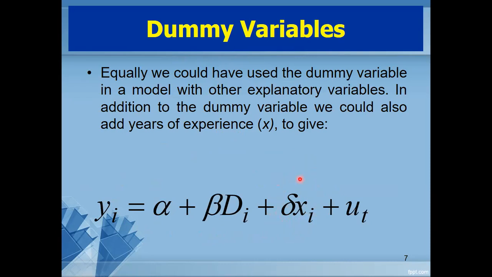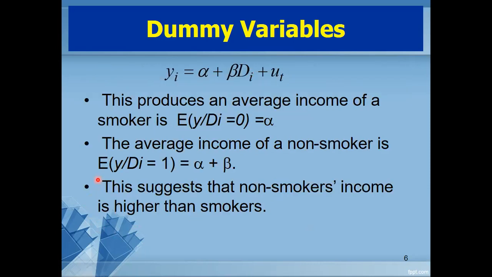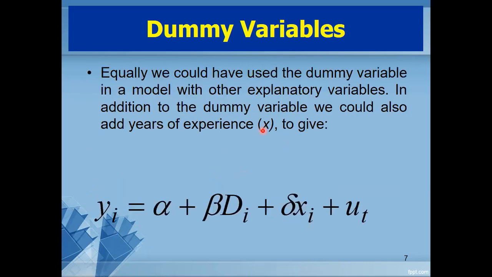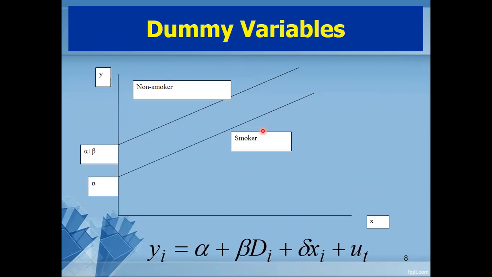Because experience might be a good factor of their income level. Then we can visualize this, because we have now calculated that the average income of the non-smoker is alpha plus beta, and the average income of a smoker is alpha. Then we can graphically illustrate this to have a better understanding.